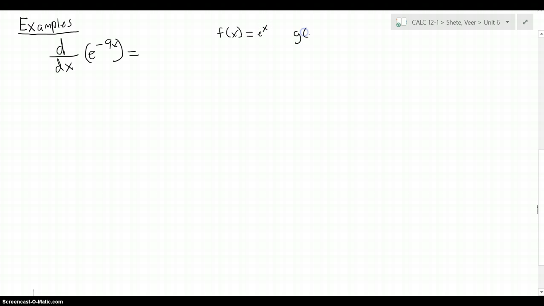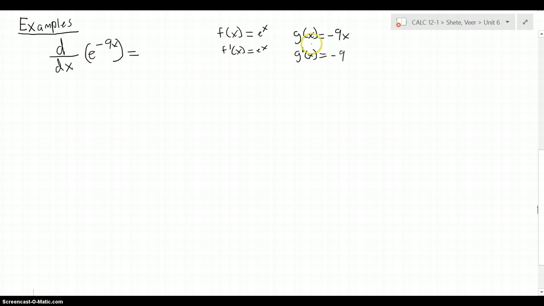Our g of x would be negative 9x, which means the derivative of f of x is e to the x itself, and the derivative of g of x would simply be negative 9.